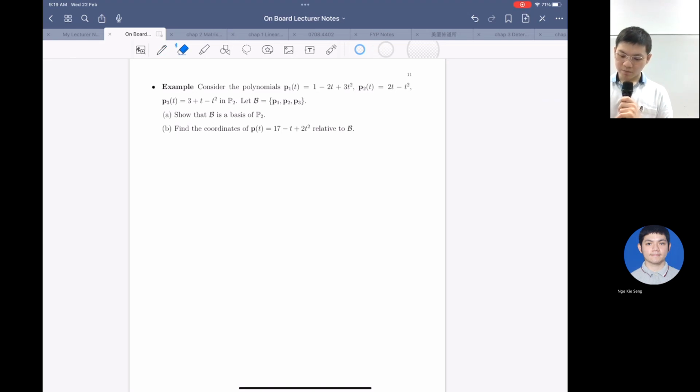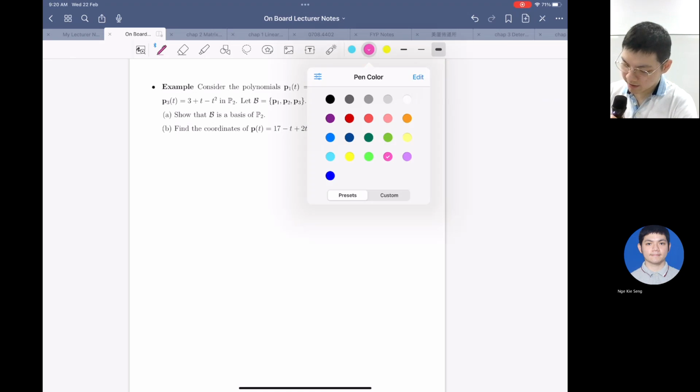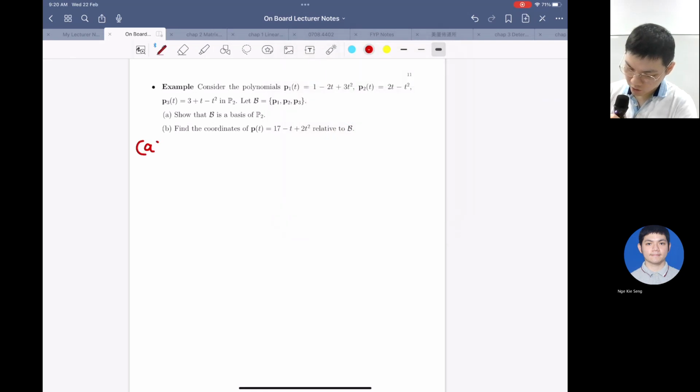Let's recall what we want to check and then see what technique we want to use. To show B is a basis, what do you need to check?